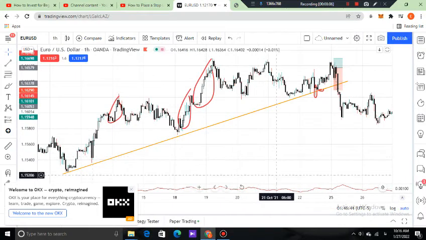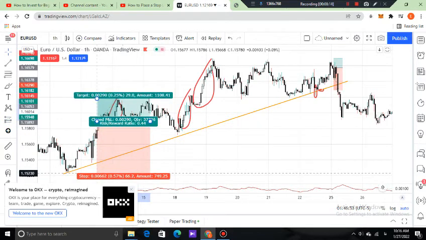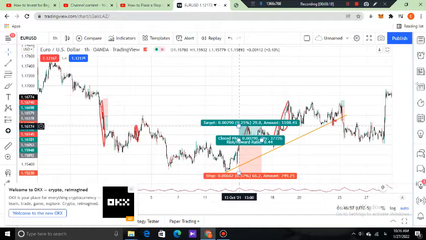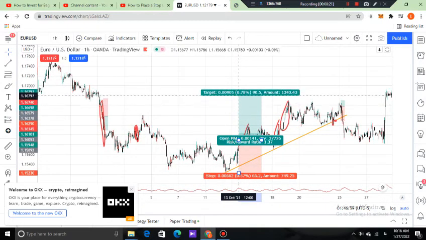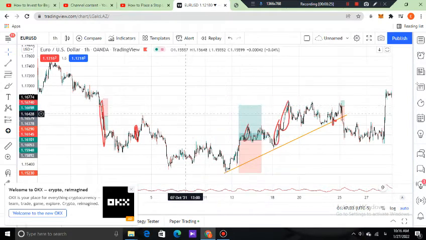But swing traders buy at this price and put their stop below this, considering this price as target.